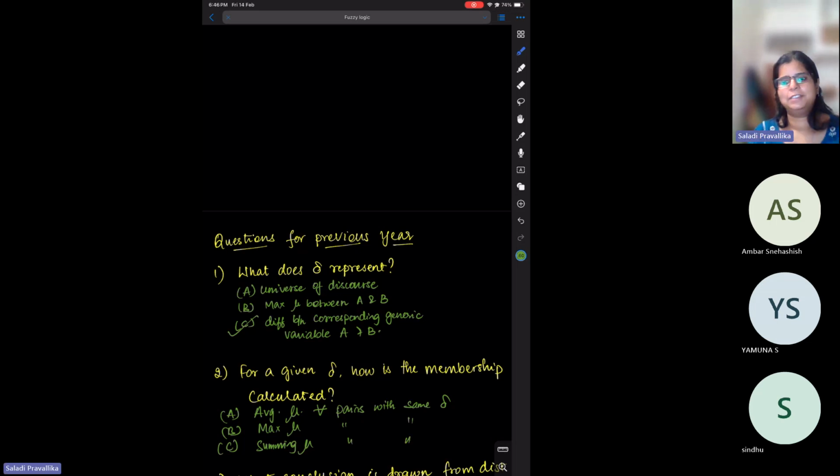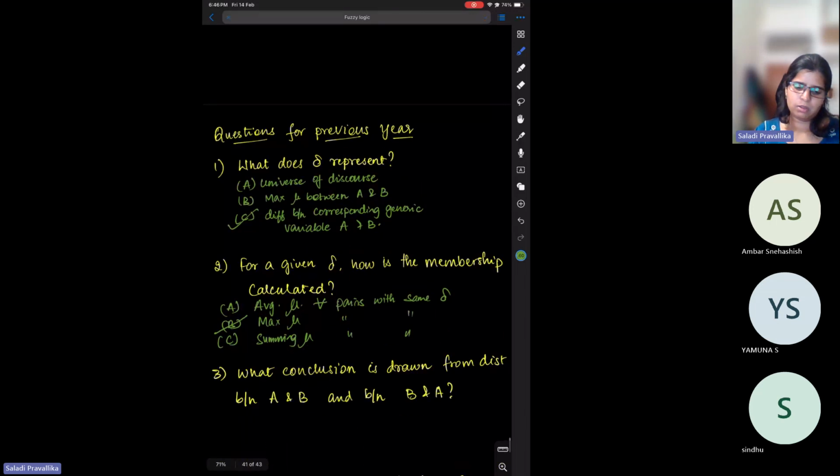So which one do you think? Are we taking the average of the membership values, the maximum, or the sum? You are absolutely right, Yamuna. We are taking the maximum membership value for all pairs with the same delta. Amazing. Next, what conclusion is drawn from the distance between A and B and between B and A?